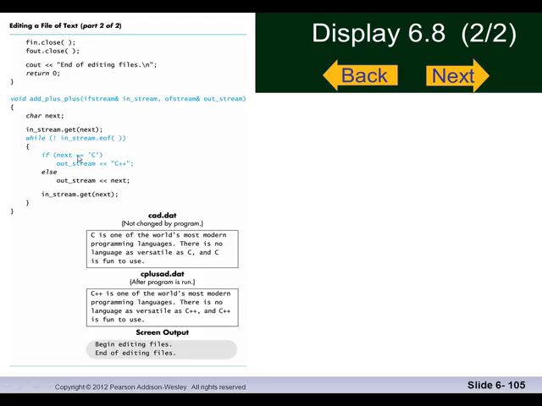I'm checking to see if my character is single quote C. If that's the case, I'm going to put the C++ in there. I cannot use put because this is more than one character. And if it's not C, I'm just going to put the next one into the file. So it's going to go through here and take the C and change it to C++.